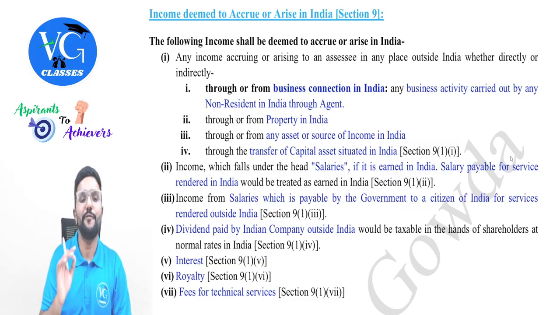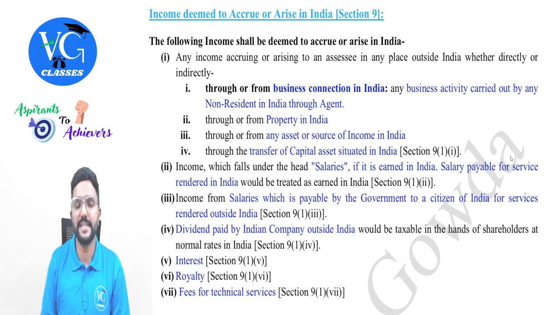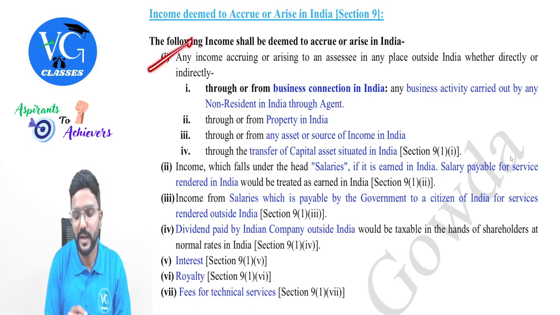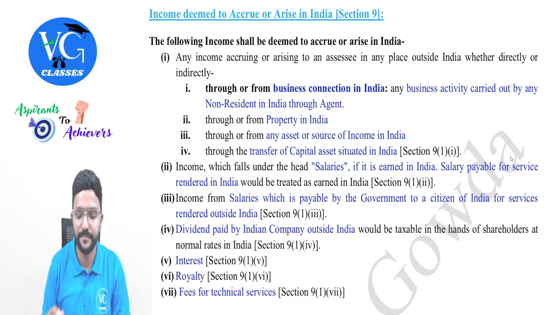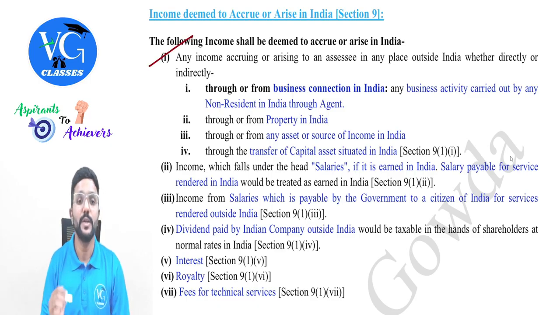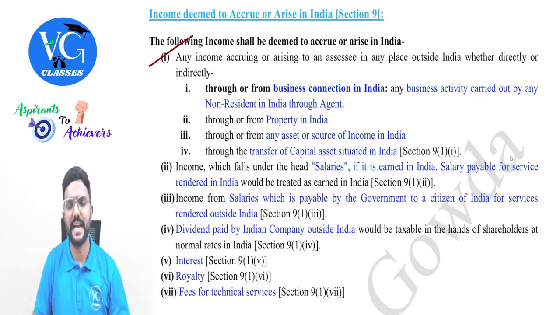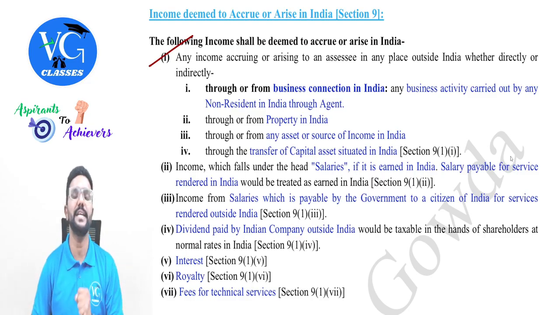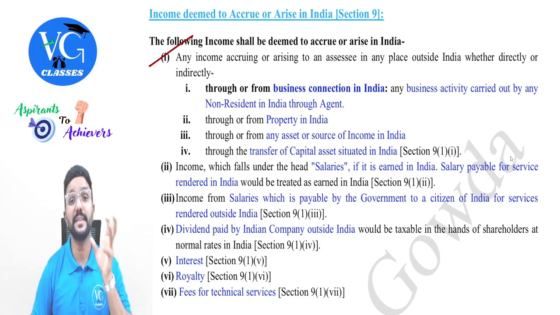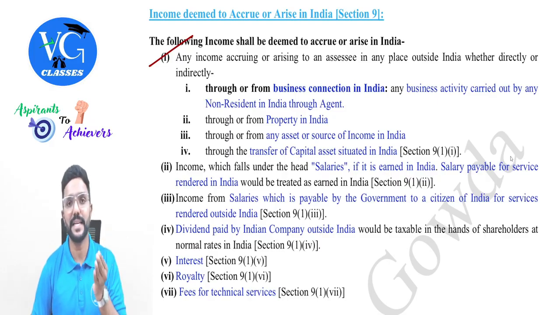We will see. The following income shall be deemed to accrue or arise in India. Any income accruing or arising to an assessee in any place outside India, whether directly or indirectly, through or from a business connection in India. Sir, what is business connection? If any non-resident is carrying on any business activity in India through an agent, whatever they are earning from the business activity carried on by them through an agent in India is considered to be income deemed to accrue or arise in India, and it is always taxable.